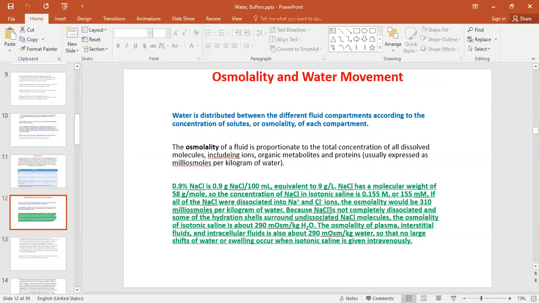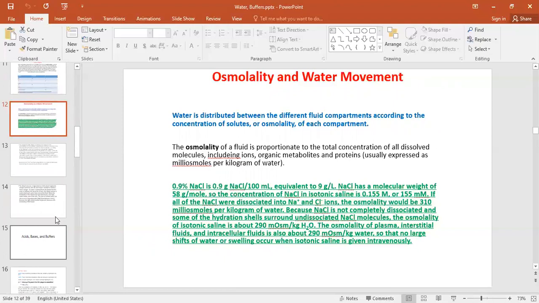Because sodium chloride is not completely dissociated, the real osmolality of the solution is slightly lower and equals 290 milliosmoles per kilogram of water. And this is the osmolality of blood plasma. Because of this, we can intravenously give the solution without problem, because this solution is an isotonic solution.